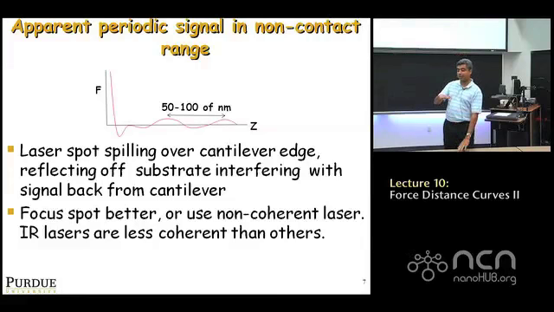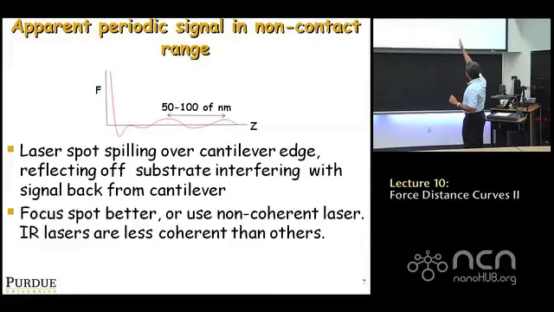So the photodiode gets two signals, one reflected from the sample, another from the cantilever. And the difference between them can be an integer multiple or integer fraction of the wavelength, causing constructive or destructive interference at the photodiode, right?